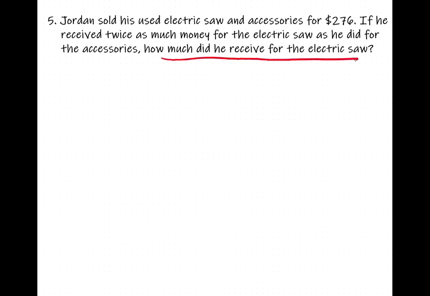How much he received for the electric saw, but there's still two things here we don't know, even though the final answer isn't how much he made on the accessories. We don't know how much he made for the electric saw, and we don't know how much he made for the accessories. So let's express both of those using variables.